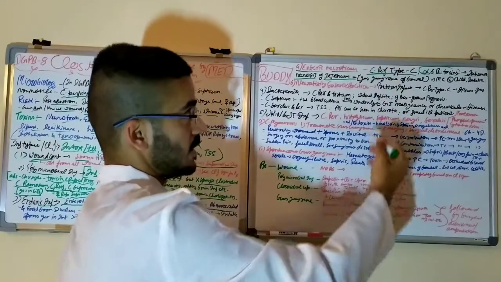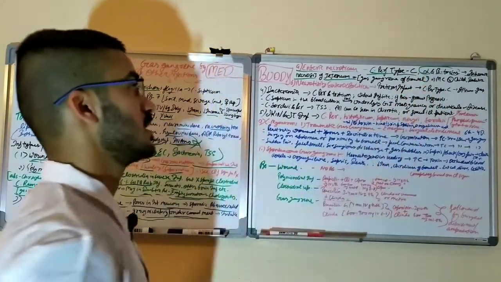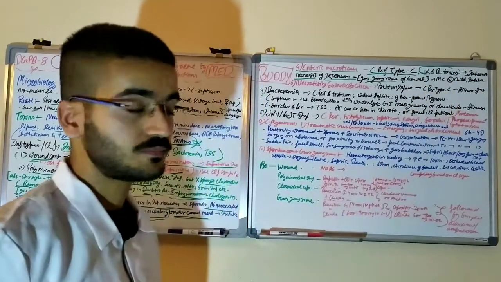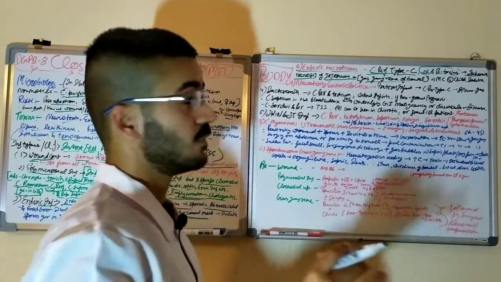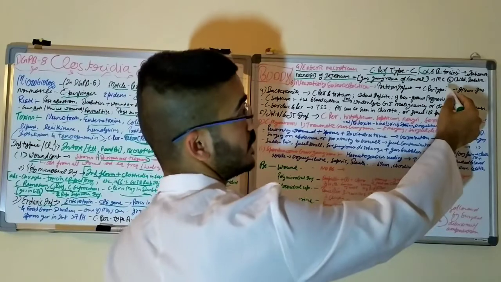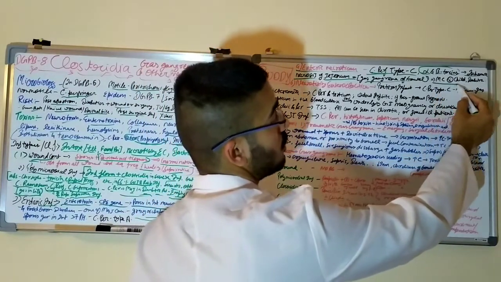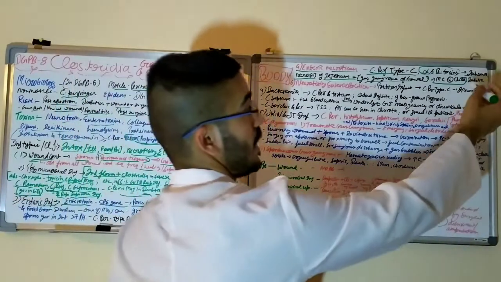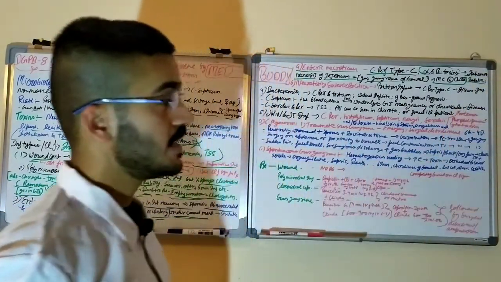It will be growing there, producing certain toxins which will lead to gas gangrene of the bowel. It is the most common reason for the death of children associated with enteric infection and enteric infections in diabetics.